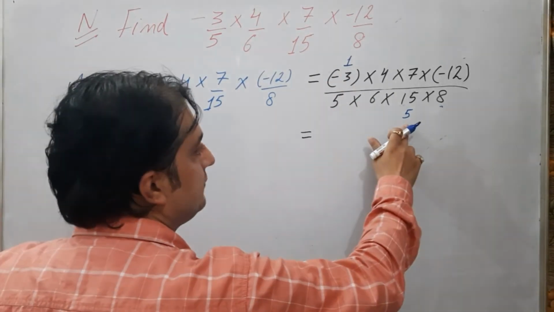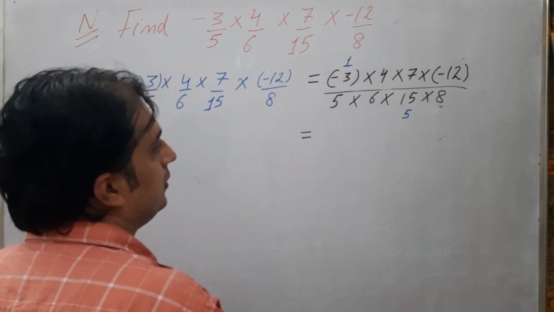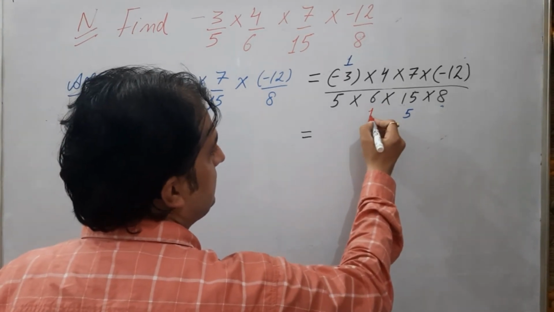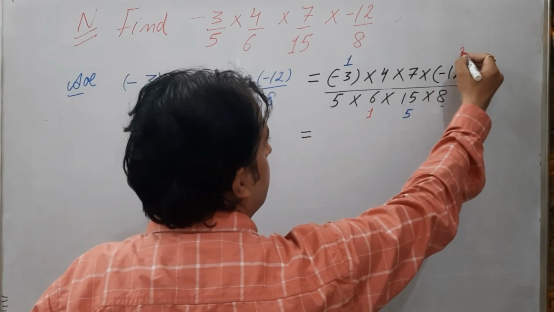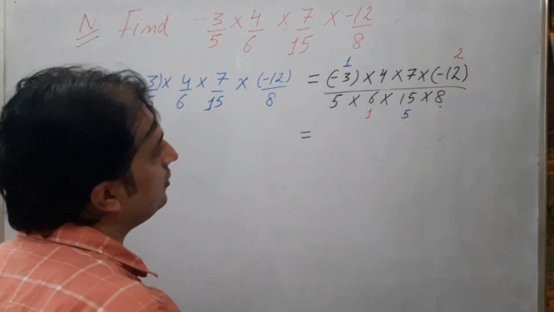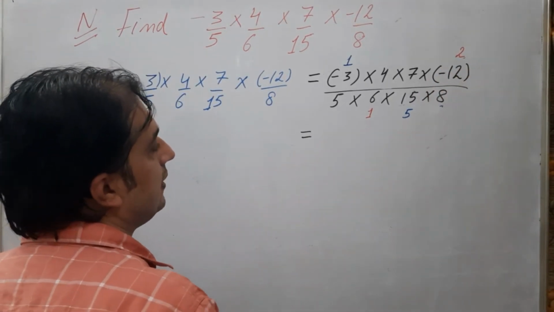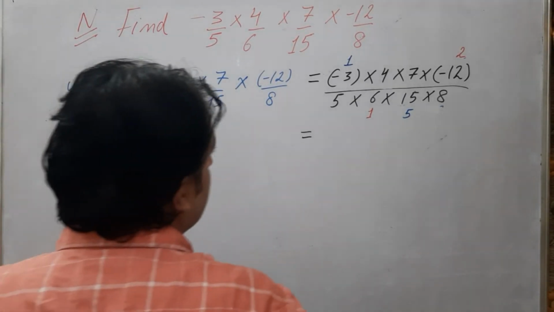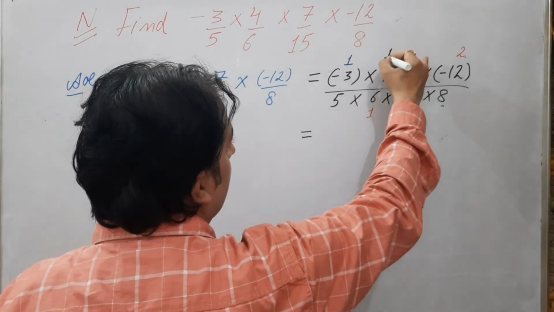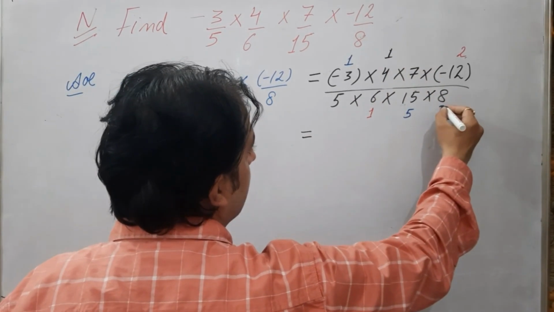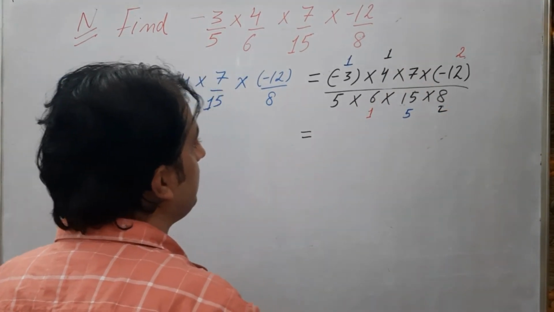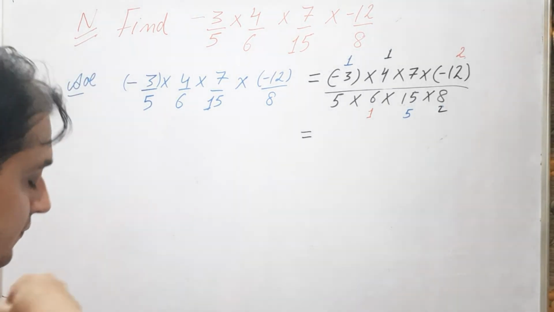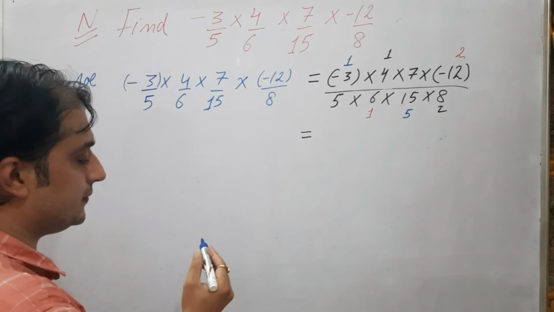3 ones are 3, 3 fives are 15. Now here is 6. 6 ones are 6, 6 twos are 12. And again, 4 ones are 4, 4 twos are 8. So you can reduce it to the lowest fractions.